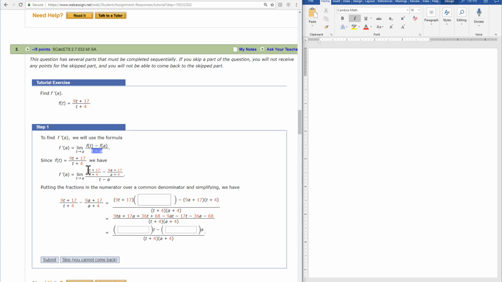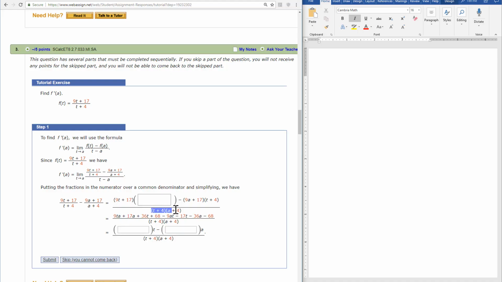Alright, now we're going to get some algebra work done here by figuring out what the whole numerator is equal to. So the numerator is a couple of fractions, and to add fractions we're going to need to find common denominators.